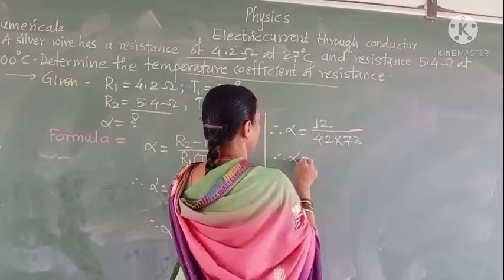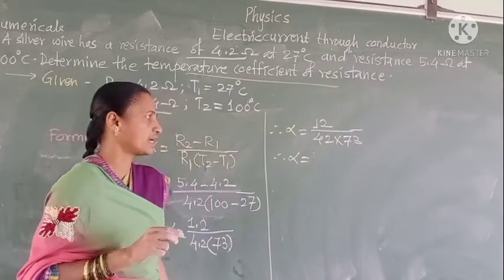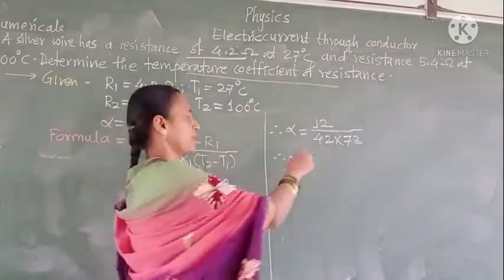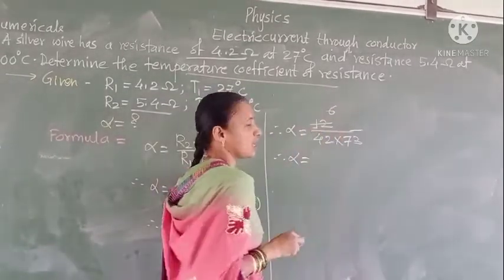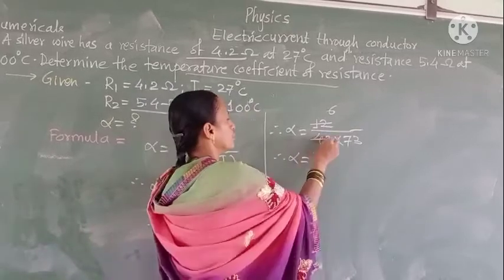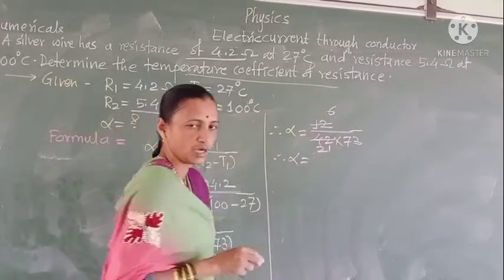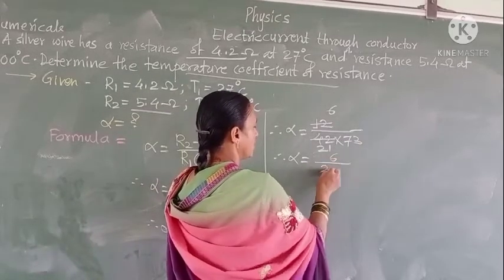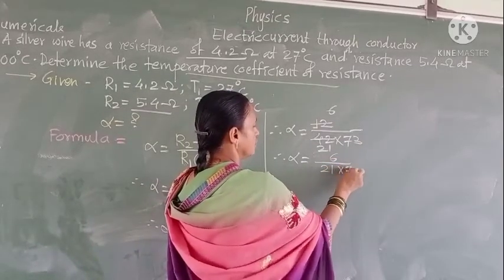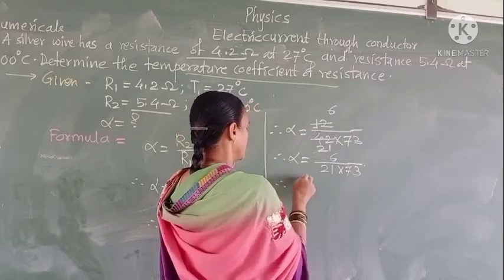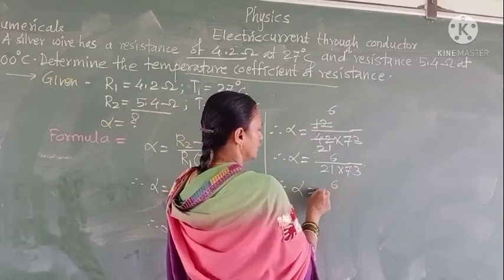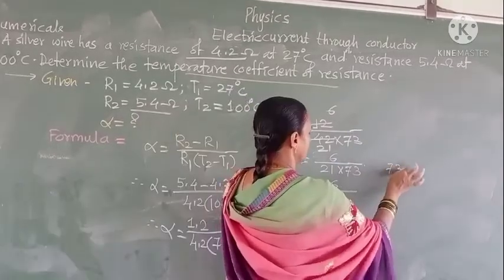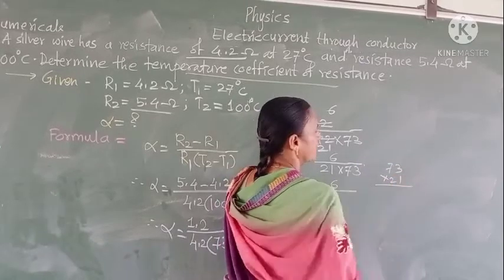Hence, alpha is equal to, we divide 12 and 42 by 2. 2 sixes are 12, 2 twos are 4, 2 ones are 2. Therefore, we get the value 6 upon 21 into 73. Hence, alpha is equal to 6 upon 21 multiplied by 73.